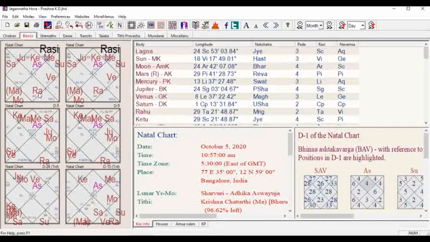One question I have: when there is, for example, an Aquarius ascendant, and Saturn is placed in the 12th house, how do we say it? Because Saturn will be placed in its own sign in Capricorn.